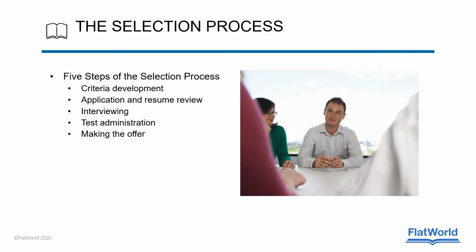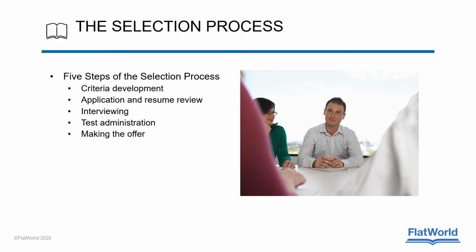So there are 5 steps in the selection process. The first is criteria development, where you set up the criteria by which various candidates will be judged, and from which you'll choose the ideal candidate. And then application and resume review, again based on that criteria.